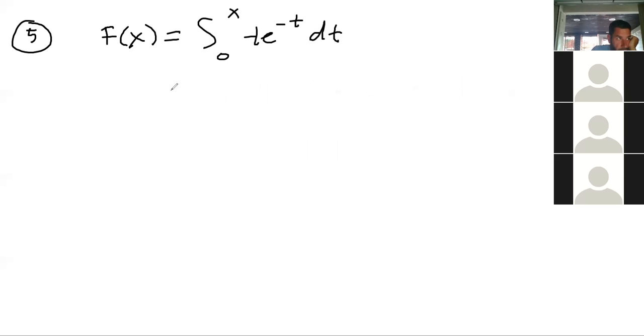I'm going to integrate this, and this thing requires parts. So I'm going to sort of kill a few birds with one stone over here. So you're going to let u equal t, and then your du is just dt, and then you let dv equal e to the negative t dt, and so v is minus e to the negative t.